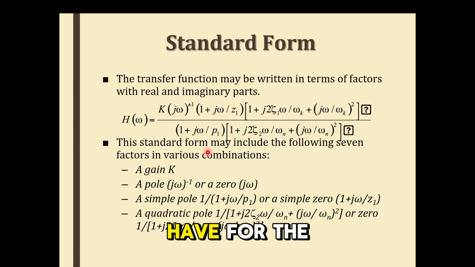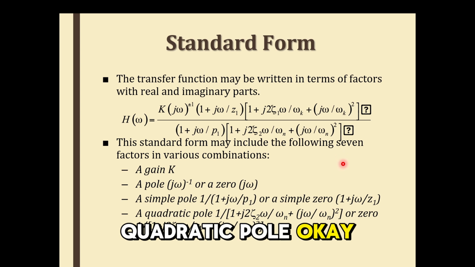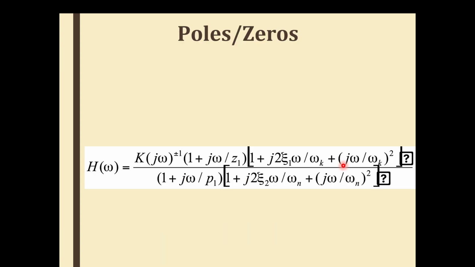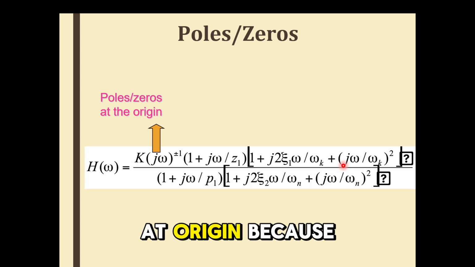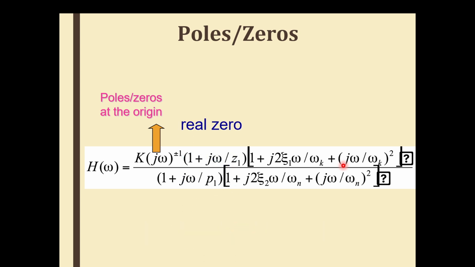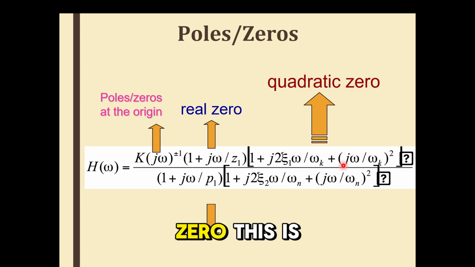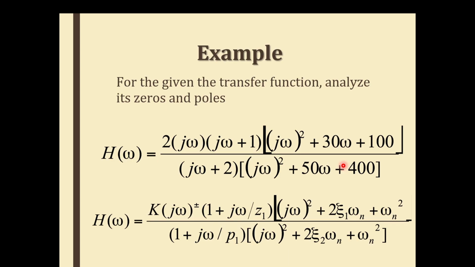And this is for the quadratic, quadratic pole or quadratic 0, okay, like this. Poles or zeros at the origin, because we have a plus minus. This is a real 0, this is a quadratic 0, this is a real pole, this is a quadratic pole.